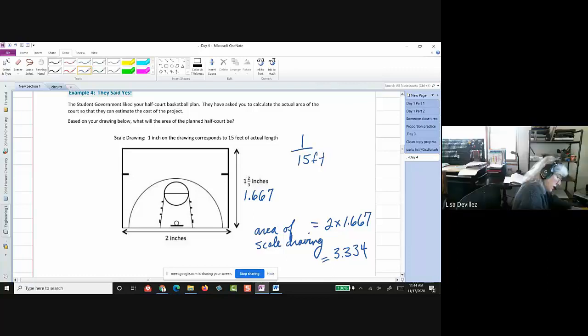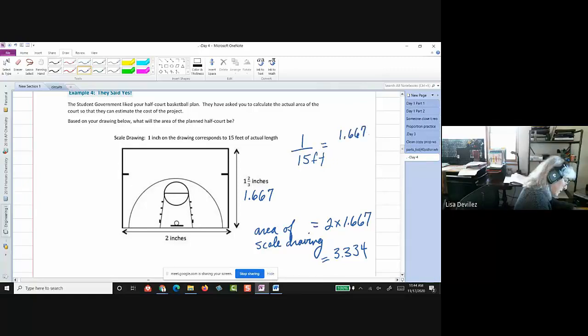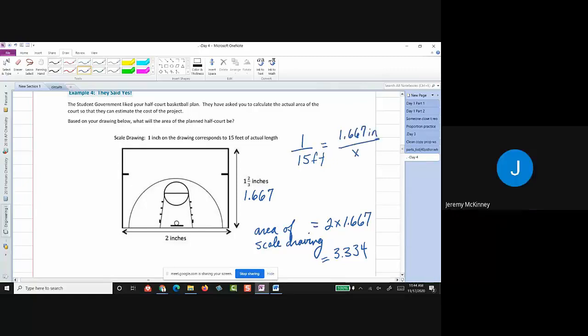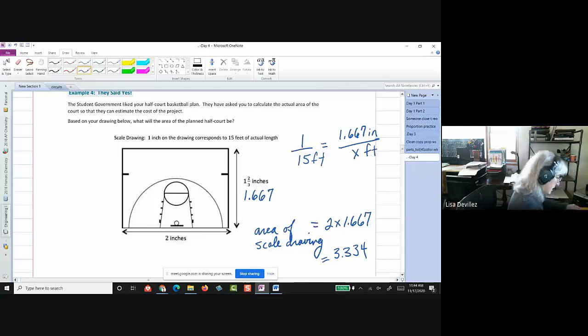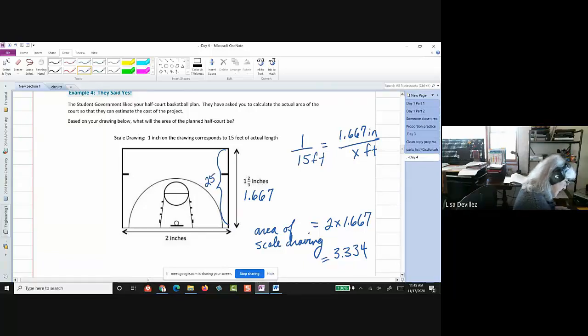So let's go back to yesterday. We converted these, I'll do it up here first. If it's 1 inch to 15 feet, then 1.667 inches is X feet. So I'm getting that the actual size for this dimension is about 25 feet.